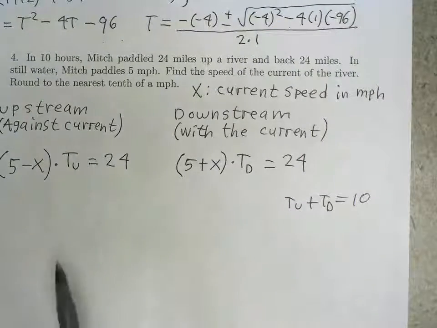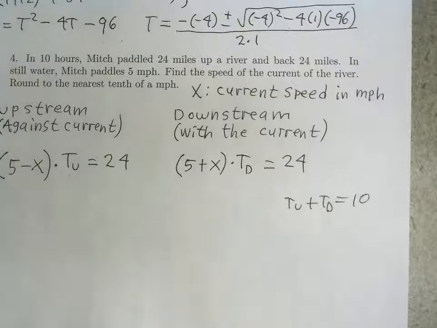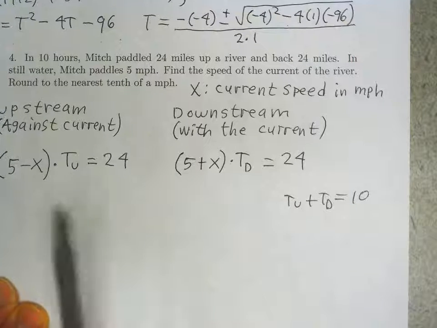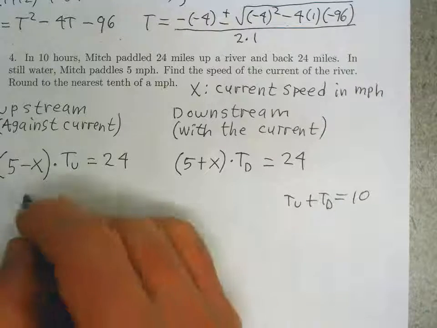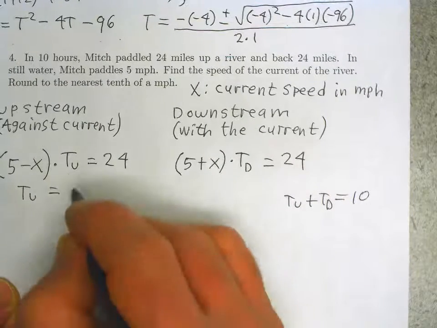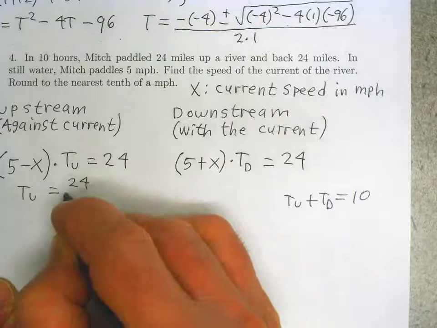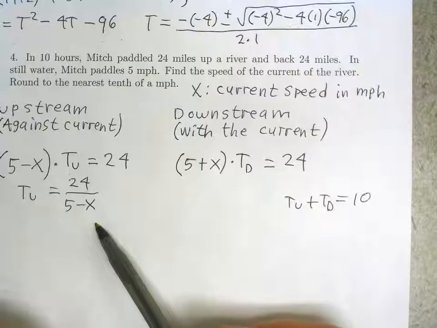Okay, we want to solve for the speed of the current, which is represented by x. So that means we need to use our equations to come up with a single equation whose only variable is x. We can do that if we solve each of those two equations for time. On this one, the amount of time it takes him to paddle 24 miles upstream is distance divided by rate, so 24 divided by 5 minus x.